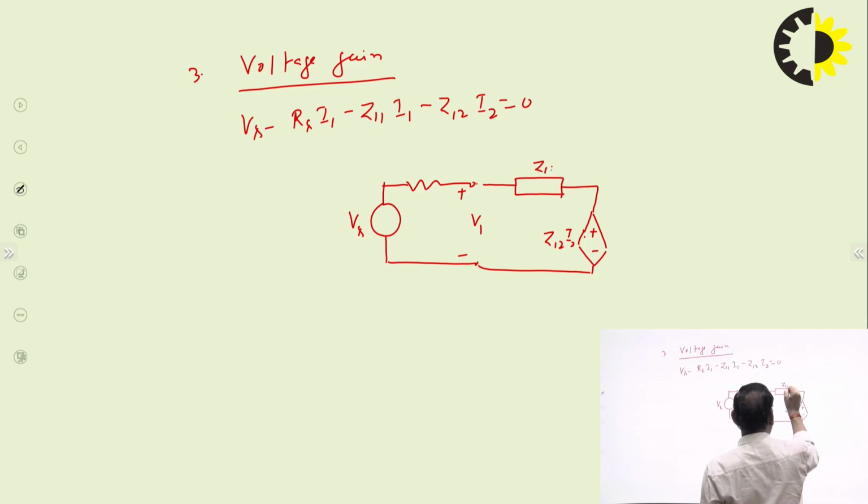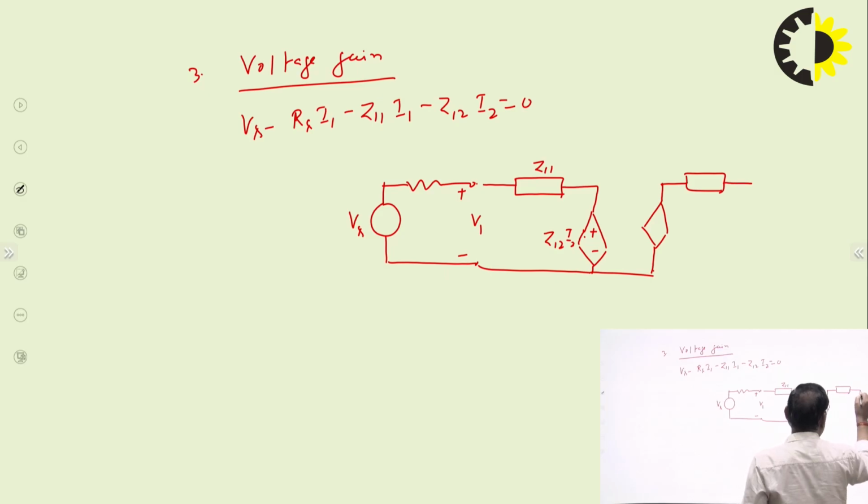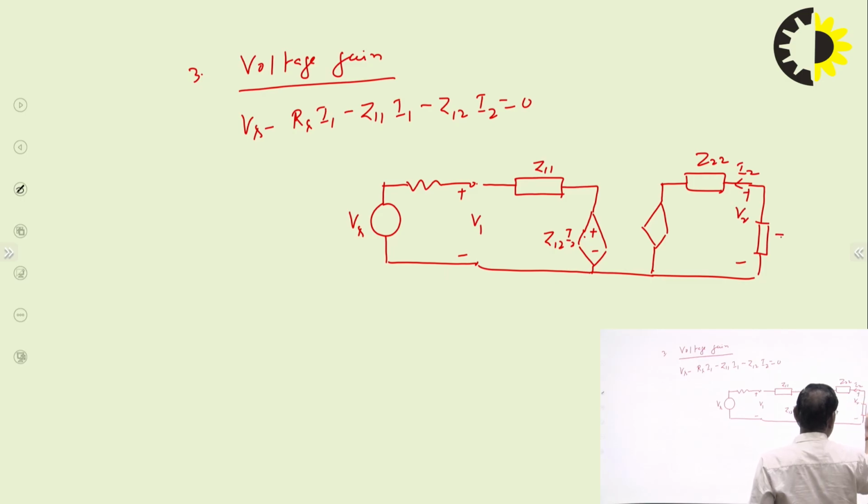This is your Z11. And then suppose this load port is, this is your complete circuit. This is your Z22, this is your I2, this is your V2, this is your ZL.